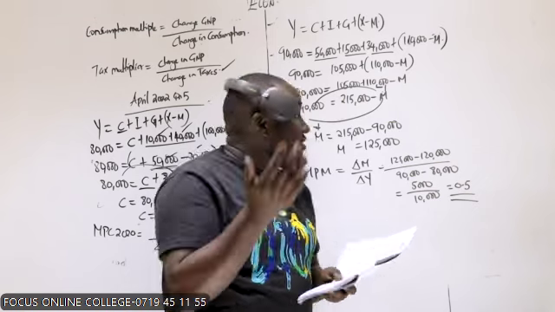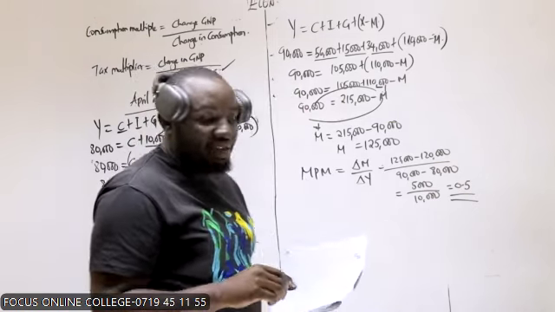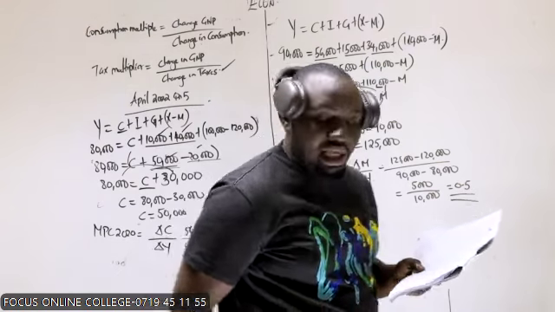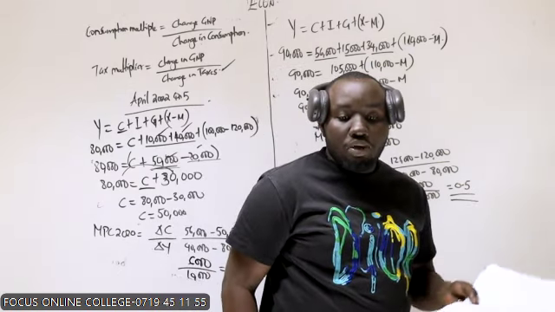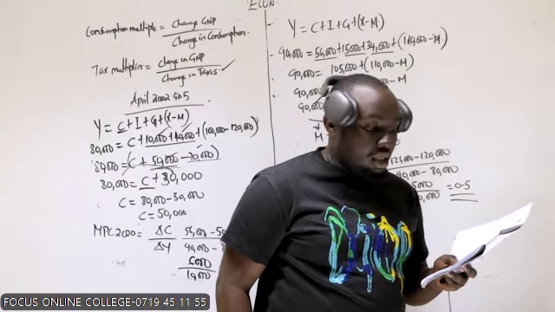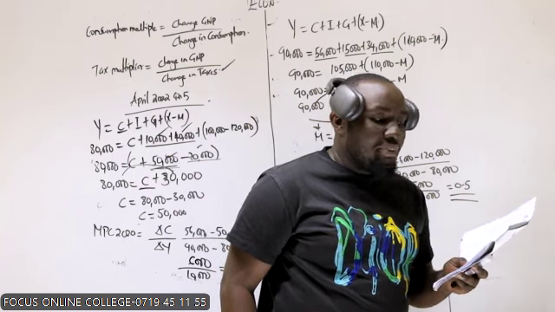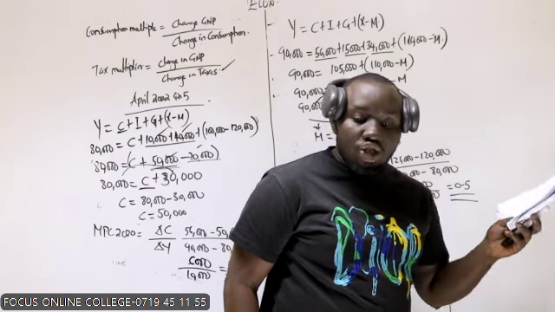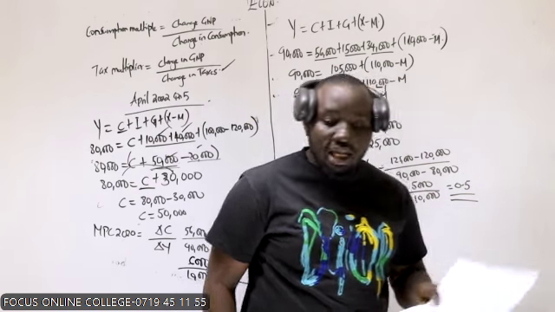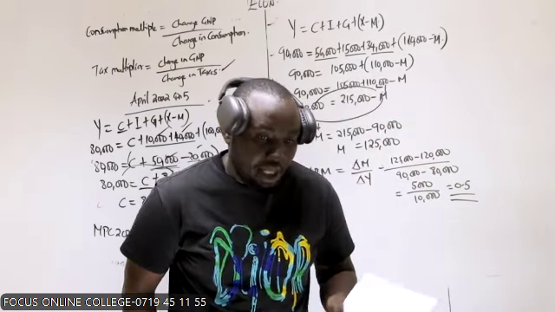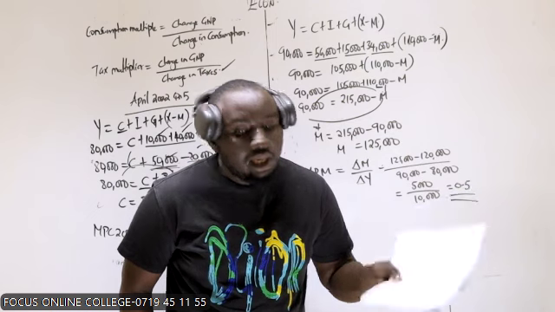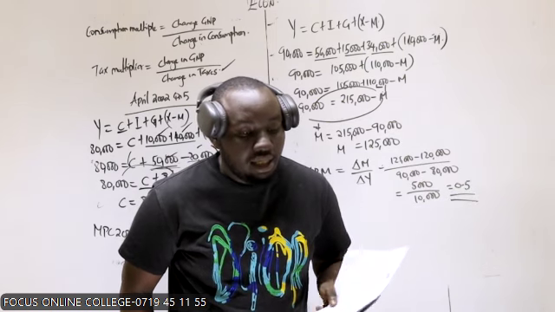So define the term per capita income. That is GNP over population. If you're told to explain the term per capita income, is that total national income over the total population, or GNP over total population? Are we together?